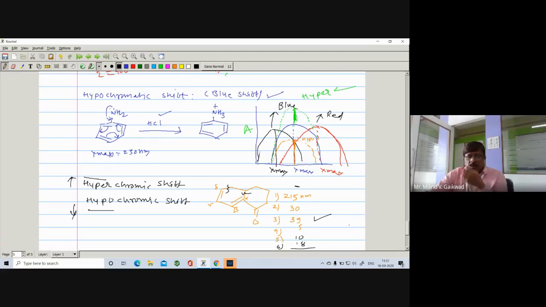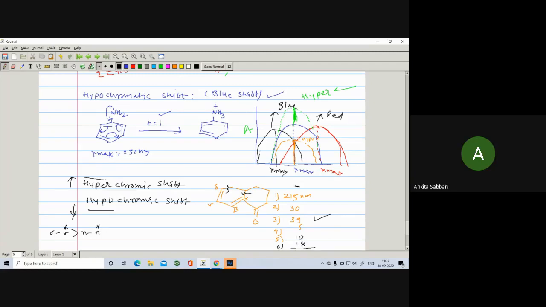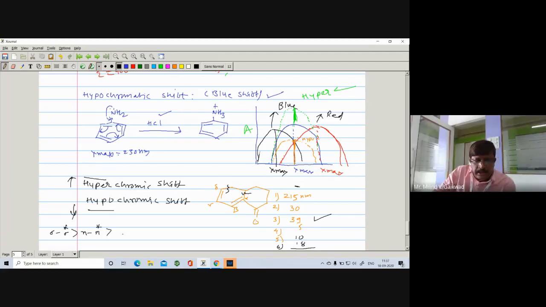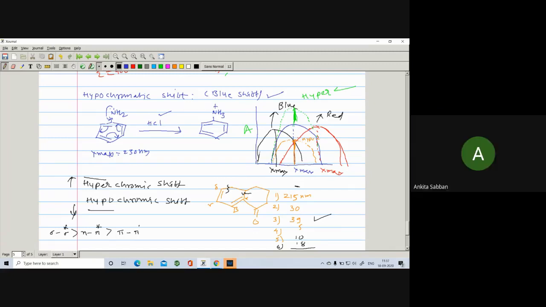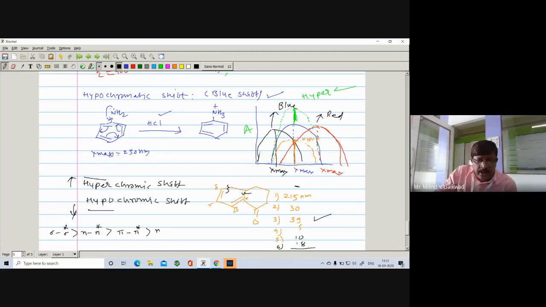Okay, so in the next lecture we'll see the rest. Now tell me the sequence of electronic excitation: sigma to sigma star, then N to sigma star, then pi to pi star, and then N to pi star.